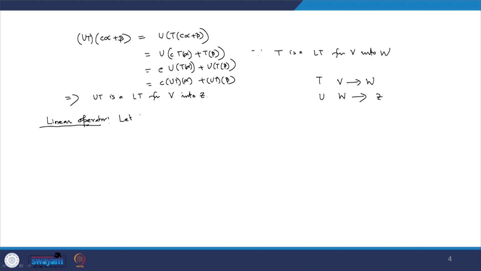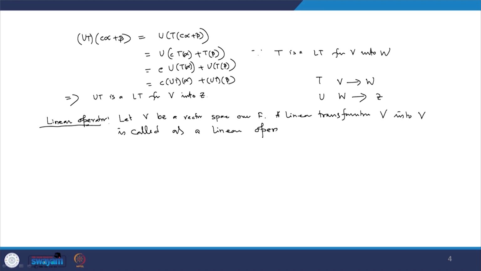So, let V be a vector space over the field capital F. A linear transformation from V into V is called a linear operator on V.